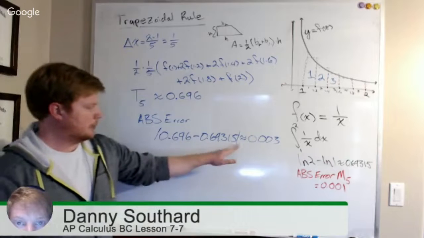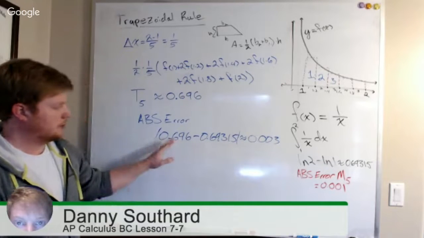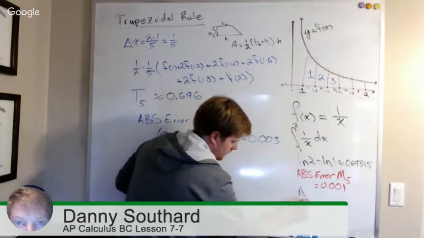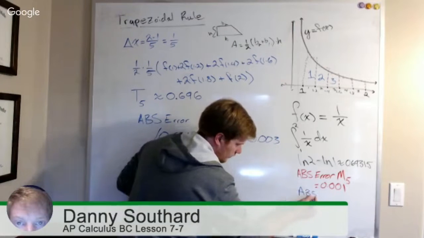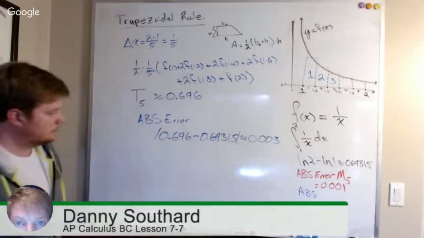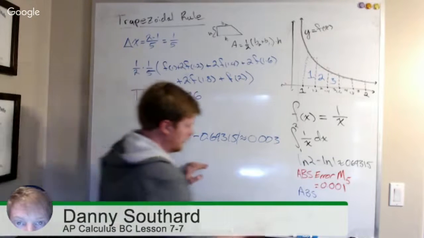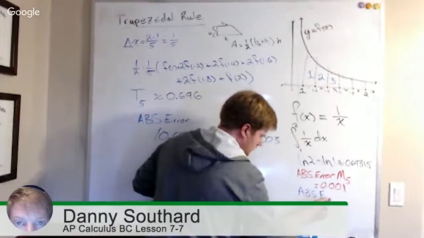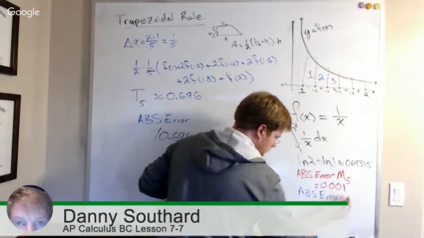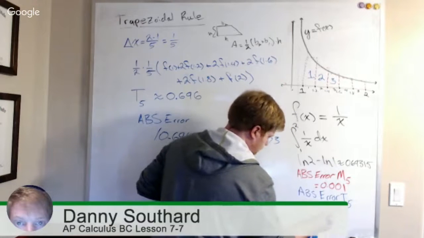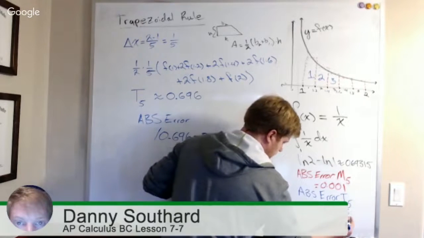The only reason I went out so far with this one was so that we made sure that these answers came out to be accurate. Okay. So the absolute error, there we go.